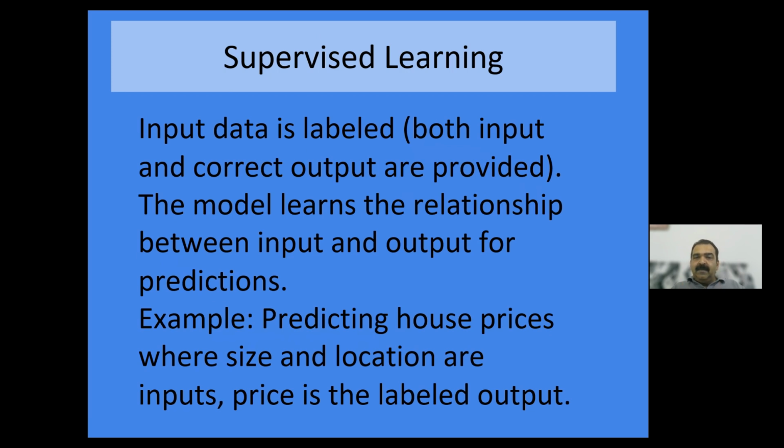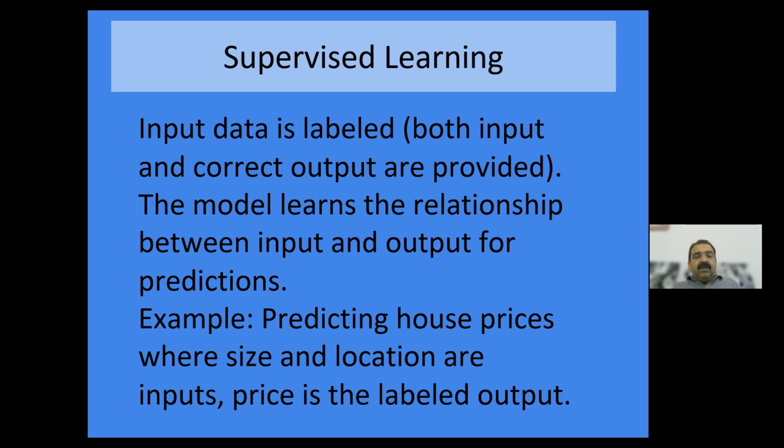For example, wickets taken by the sportsman, runs taken by the sportsman, and also the output data, whether he is a batsman or a bowler, will be mentioned. When output is also labeled and input is also there, it is called supervised learning. Examples are regression and correlation. These are supervised learning algorithms.